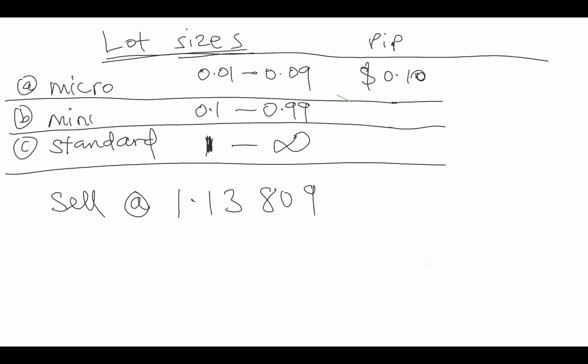Sell at this price. And now I give you TP of what? If I give you something like this, and I give you an SL like this, let me calculate this.